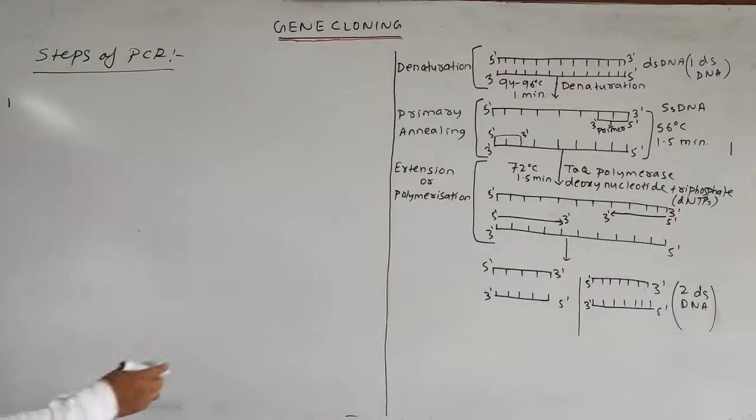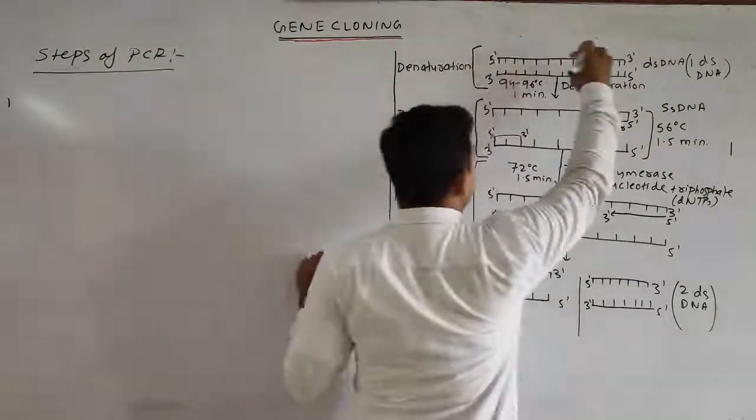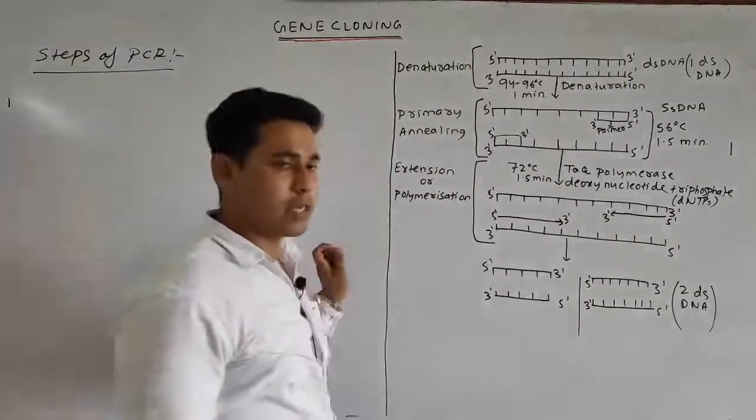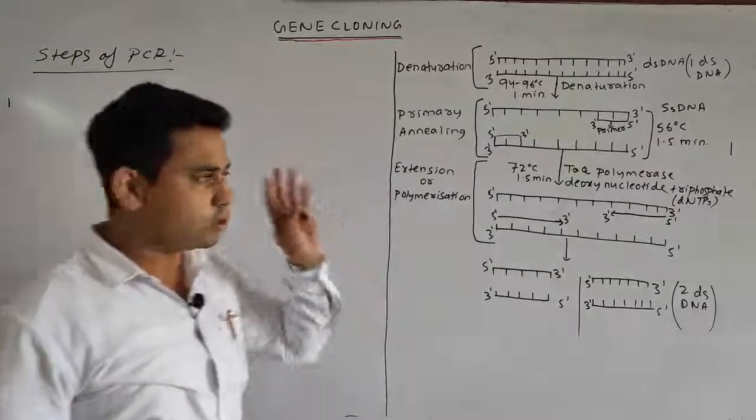First is denaturation. Suppose this is your extracted double stranded DNA, or the target DNA.